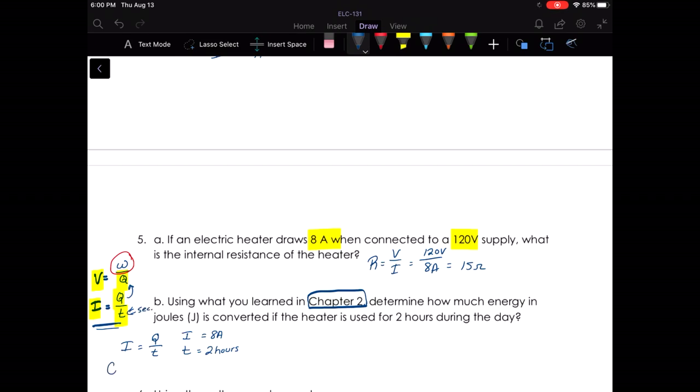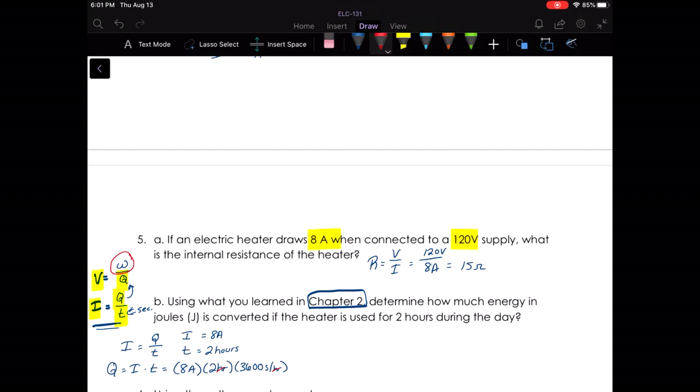So Q is equal to I times T. So we have 8 amps and 2 hours. We're going to have to convert that to seconds because in this equation time is in seconds. So I'm going to multiply that by 3,600 seconds in an hour so that my hours will go away, and I have amperes, which is coulombs per second, times seconds.